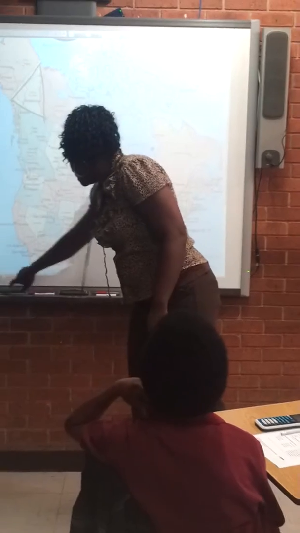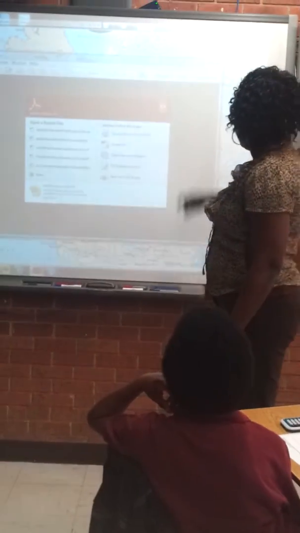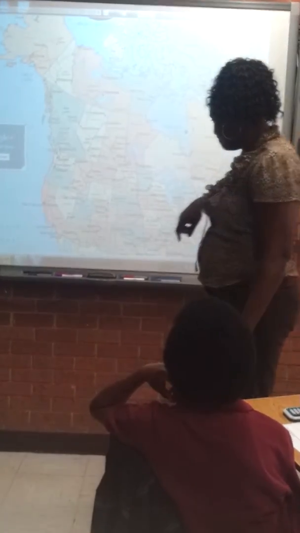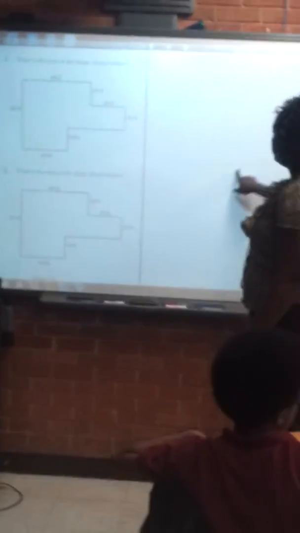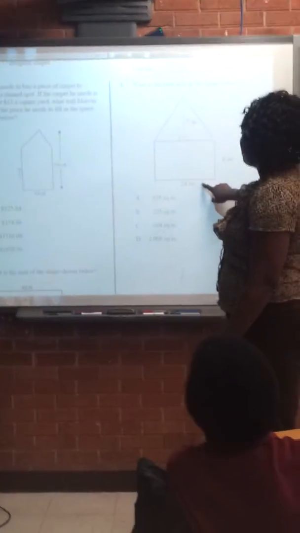Okay, so let's take this information and let's look at the sheet that is on your desk. On the sheet, before we go to the open response, let's look at this.